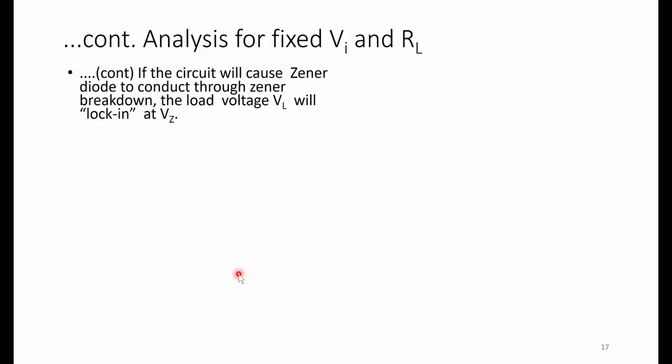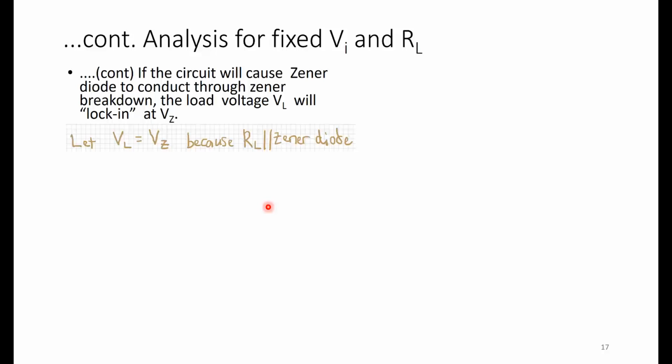If the analysis in the previous slide has shown that the Zener diode can break down, that is, if the circuit will cause the Zener diode to conduct through the Zener breakdown, the load voltage VL will lock in at Vz. Then we are ready to proceed with the circuit with the Zener diode in operation.